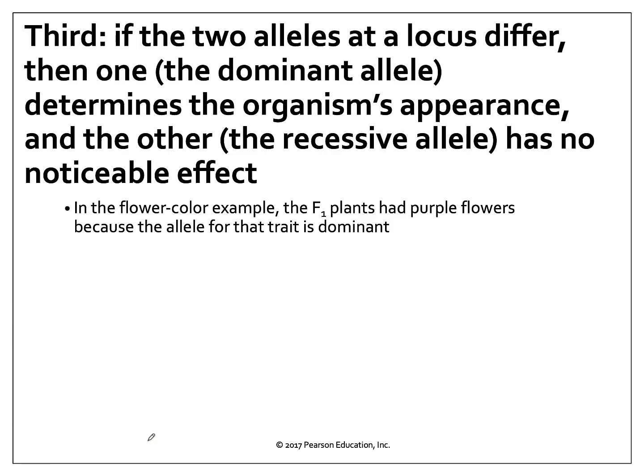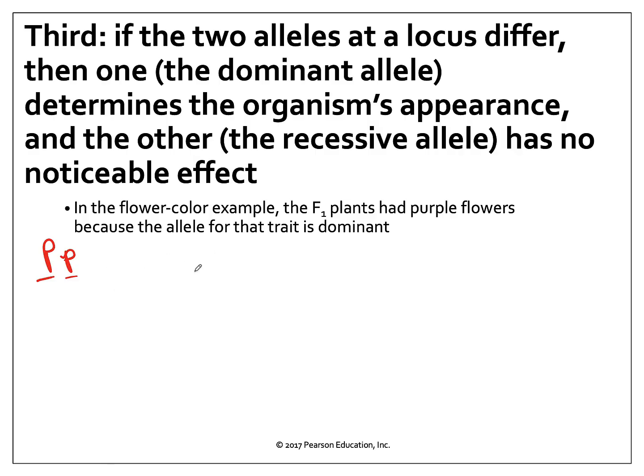The third conclusion that Mendel came to is that when the two alleles at a locus differ, specifically talking about heterozygous, the dominant allele, big P, determines the organism's appearance, and the other allele, the recessive, the little p, has no noticeable effect.